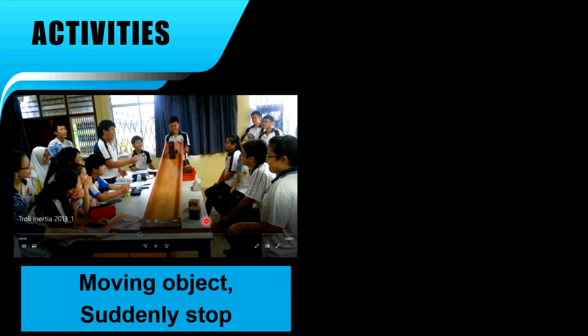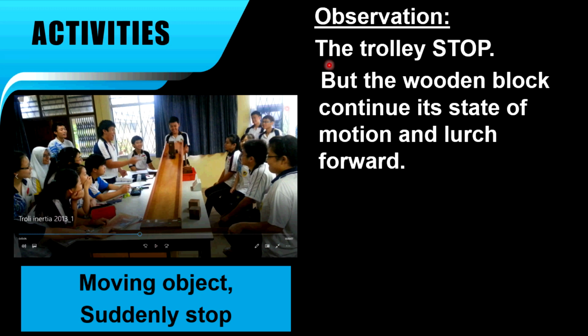As for the second video, at first the trolley is moving and the student has placed a wooden block on top of the trolley. When the trolley moves and stops suddenly, the wooden block keeps on moving forward. That is your observation. The trolley stopped, but the wooden block continued its state of motion and lurched forward, terhumban ke depan.